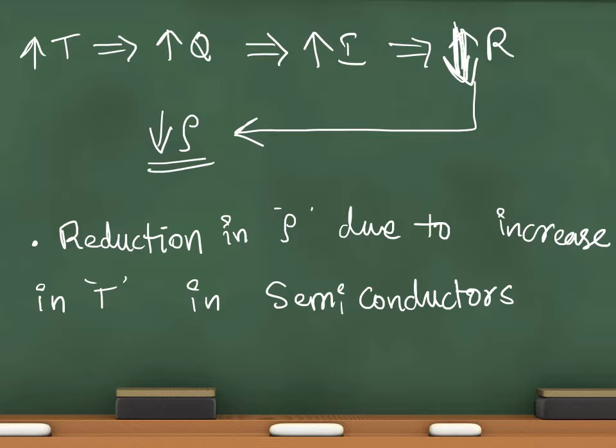Okay, so this is the result. Now if you want to draw a graph, a characteristic relation between resistivity and temperature, we can give that.